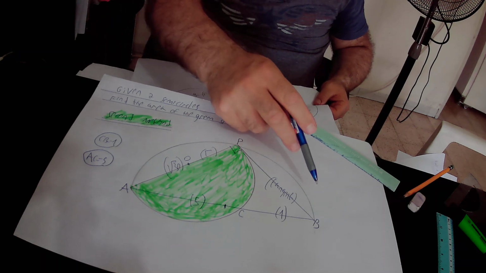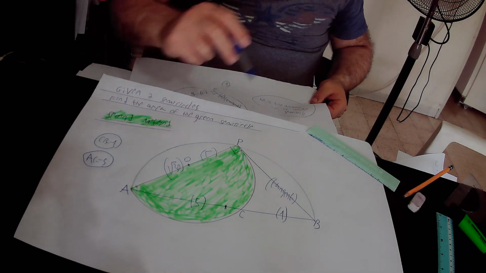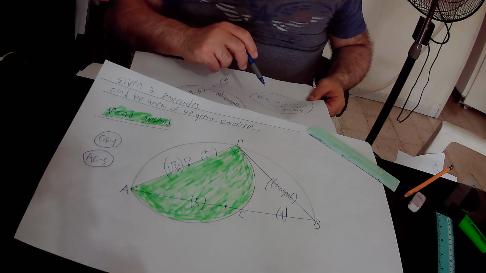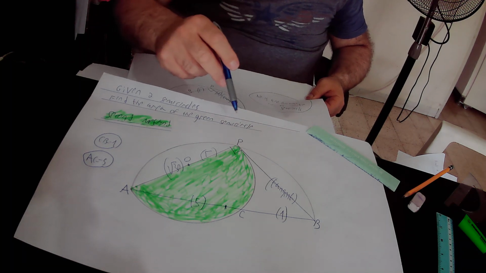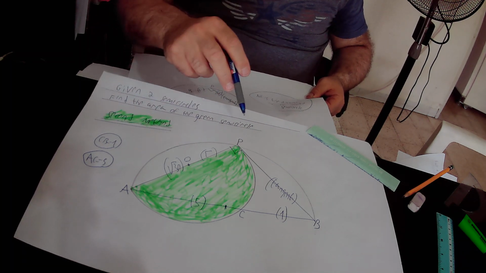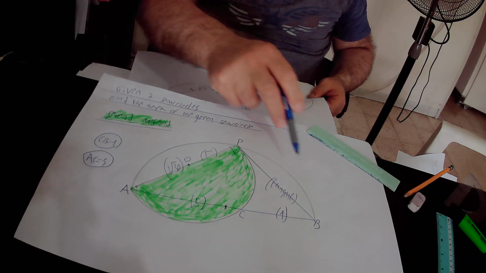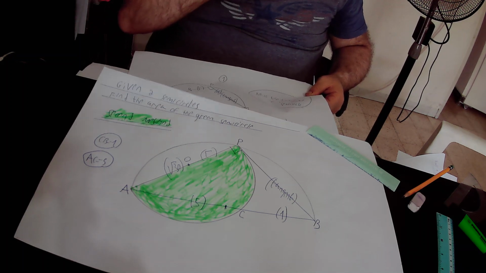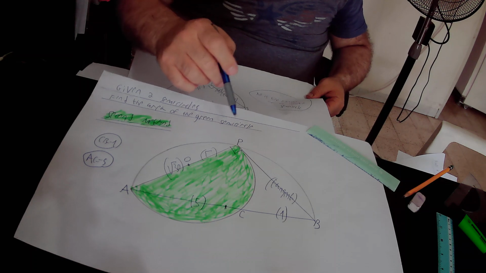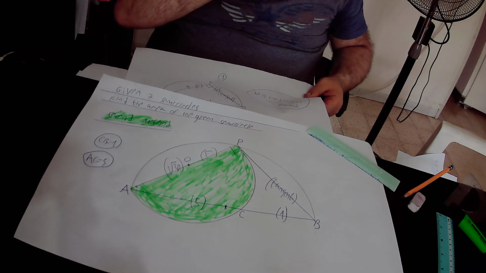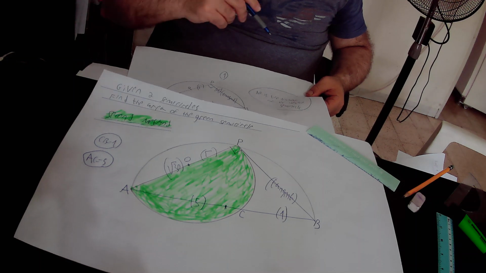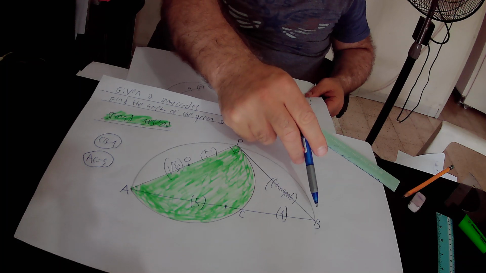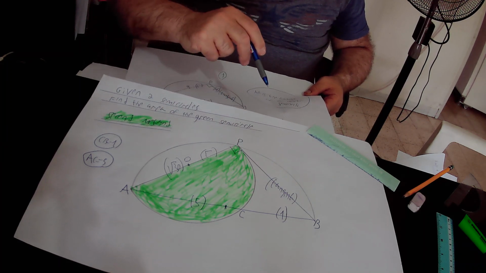Whenever you have a line segment that creates 90 degrees with the radius, it must be defined as a tangent according to rule 1. And therefore, BP that creates 90 degrees with the radius PO must be a tangent. So BP is tangent to this green semicircle at point P. So here we have the common exam point B. From the common exam point B, we have tangent BP to this semicircle.